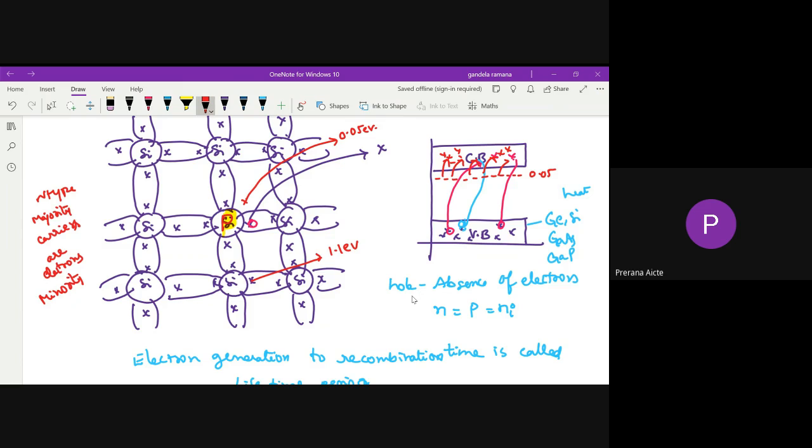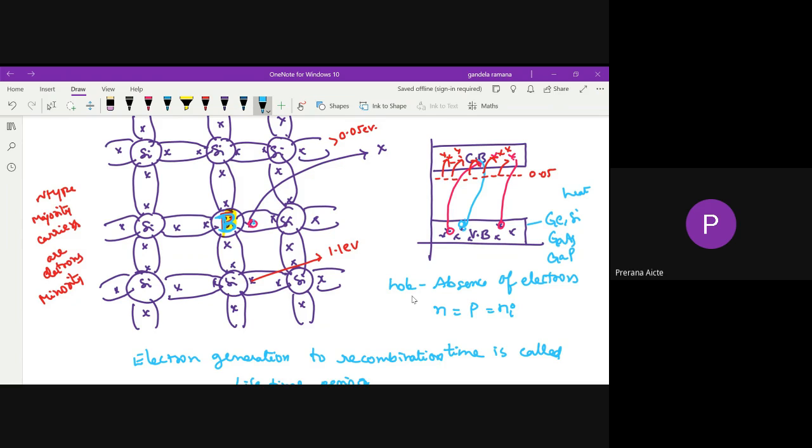Suppose it is a P type material. You take boron, a third group element. Here the outermost shell has only 3 electrons, so it is ready to accept, and it needs 1 electron.